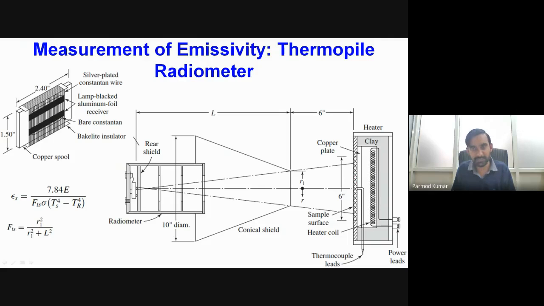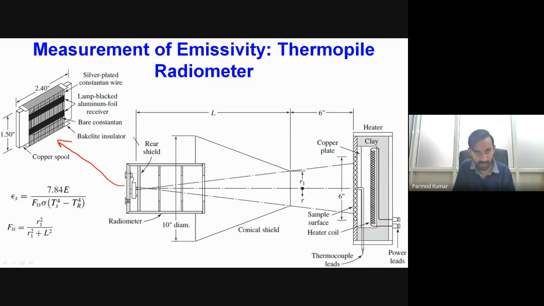Now this sample will be emitting thermal radiations depending upon its temperature. We measure the temperature with the help of a thermocouple, and the thermal radiations emitted by the sample are focused on a thermopile radiometer. Here we have this thermopile, and you can see the detailed view of the thermopile over here.